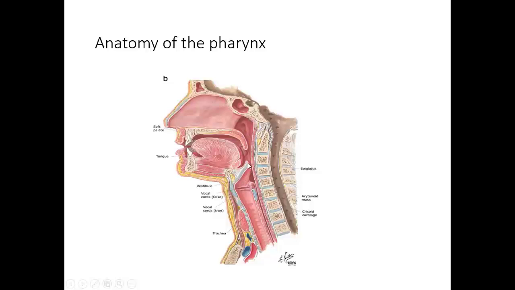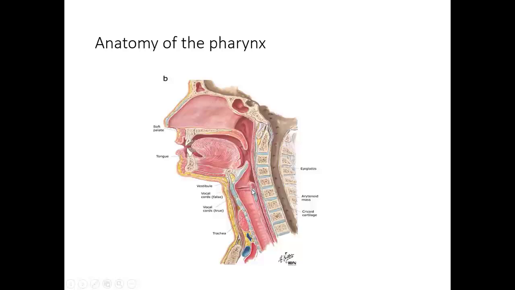This is the epiglottis. This is the anterior arch of the cricoid cartilage, which is shorter in height, and this is the posterior arch of the cricoid cartilage, which has a greater height than the anterior arch. This is the thyroid cartilage, a V-shaped cartilage, so you don't see a part behind here. Vocal cords are at that level.